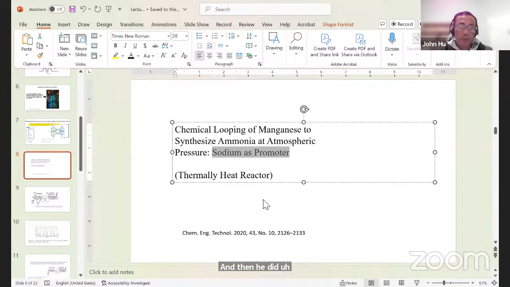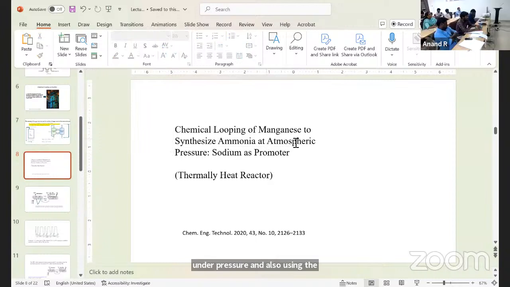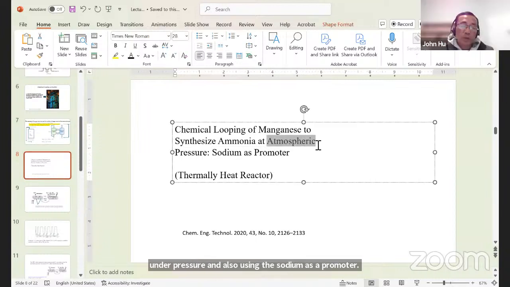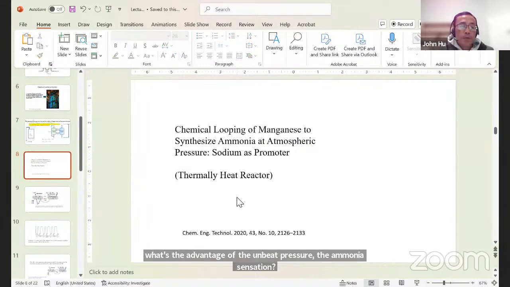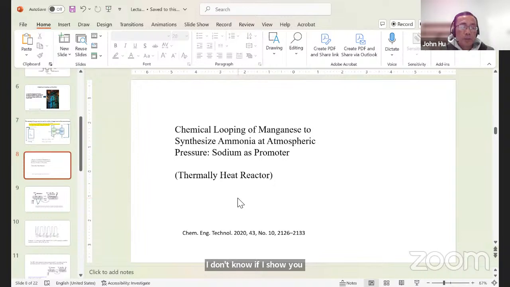sodium as a promoter. So what's the advantage of ambient pressure ammonia synthesis? I don't know if I showed you the thermodynamics. Just give me 1 second. I'm going to put the thermodynamics in here.